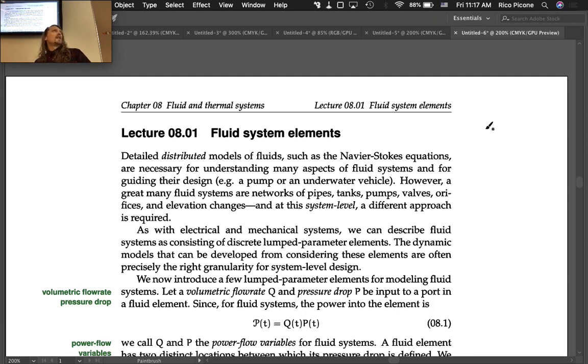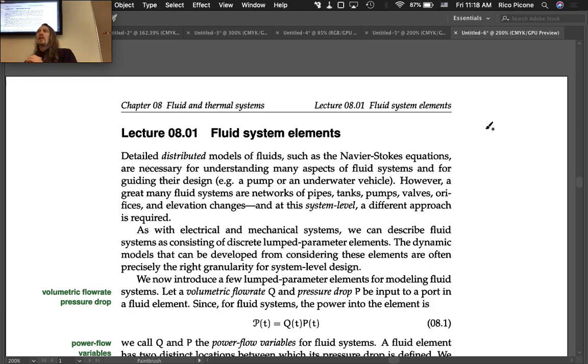If you tried to model every single fluid particle, or every little volume of fluid in an entire distributed network of fluid, that would be an incredibly complex model. It would likely be computationally intractable. You wouldn't be able to even use computers to successfully simulate what would happen in such a large model.